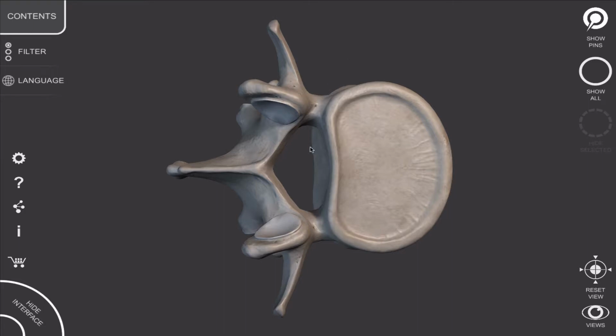As we continue posteriorly from the pedicle all the way around from one side to the other, we refer to this as the posterior arch. All of this is referred to as the posterior arch or the vertebral arch. There are three long processes, as you can see here. There are two that project to the sides, one to the right and one to the left.